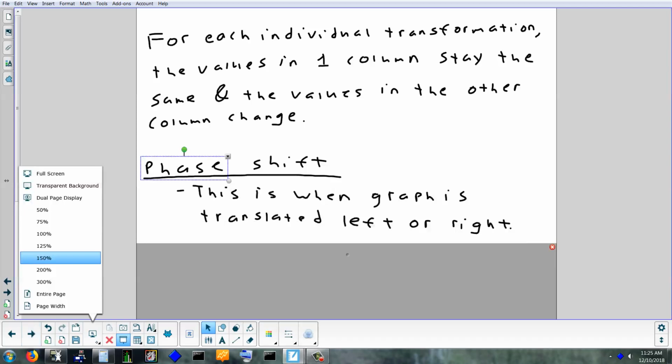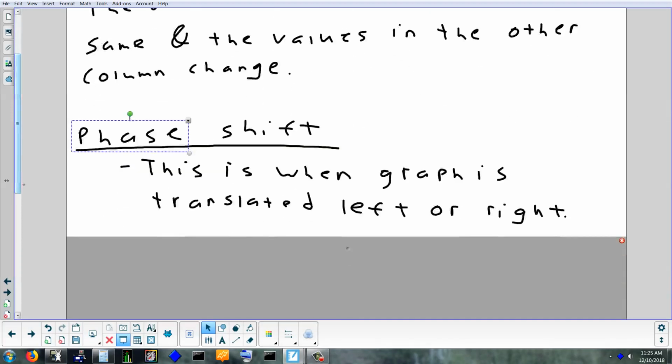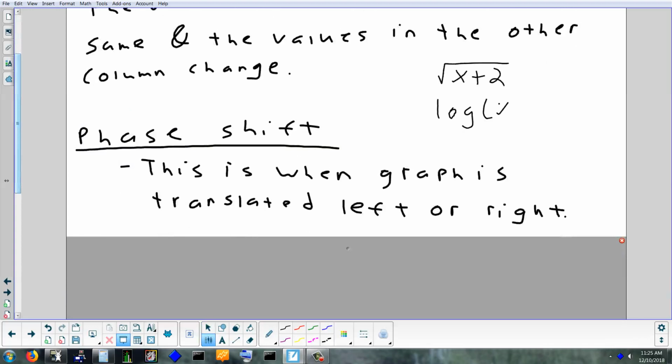Phase shift is just when your graph is translated left or right. It's a horizontal shift. We've seen that before in something like this: a horizontal shift of a square root function, a horizontal shift of a log function, a horizontal shift of a sine function.